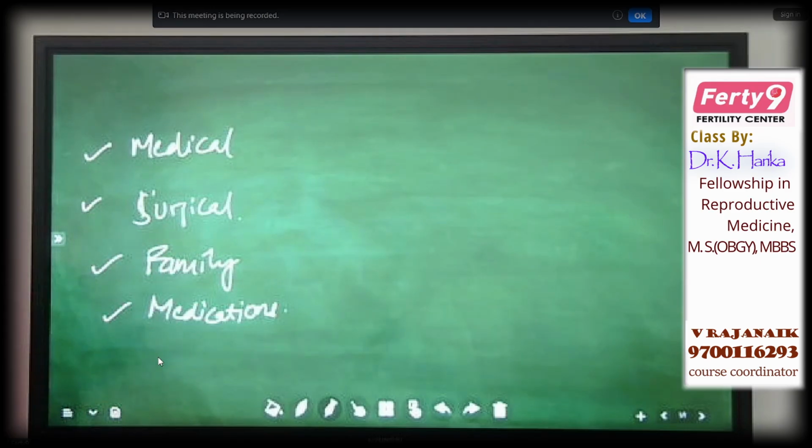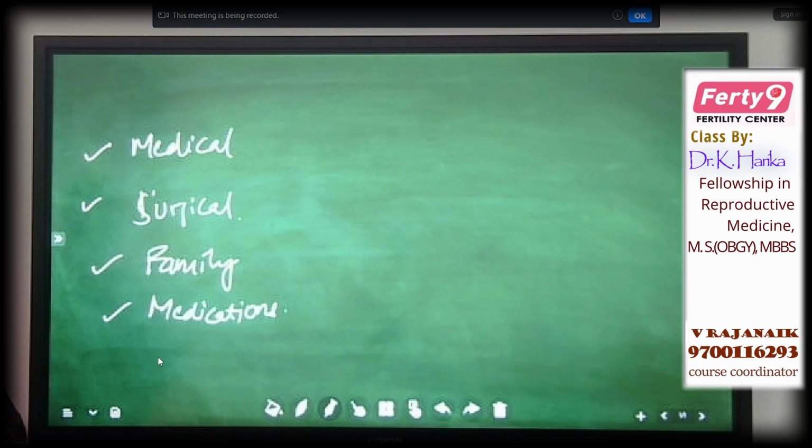Coming to surgical history, we have to ask in detail regarding surgical history, like history of any orchidopexy for undescended testes, history of any varicocele surgery, and also history of any hernia or hydrocele repair.